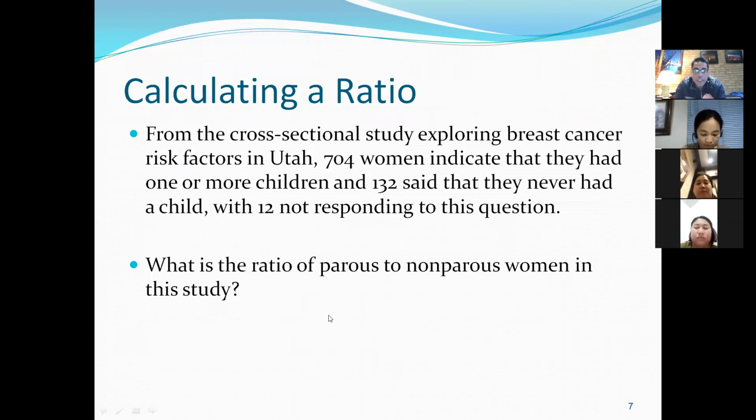Every time it's more than a 1:1 ratio, the word that we need to use is higher. So you always remember that the right word to follow would be higher. It would be 5.3 times higher, or 5.3 times more women with children compared to women with no children.